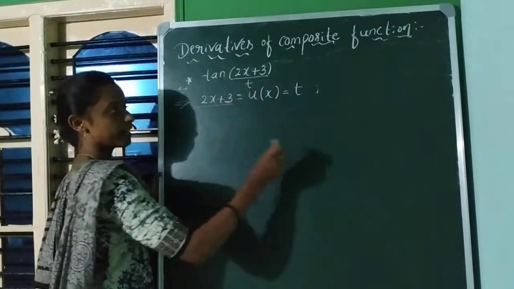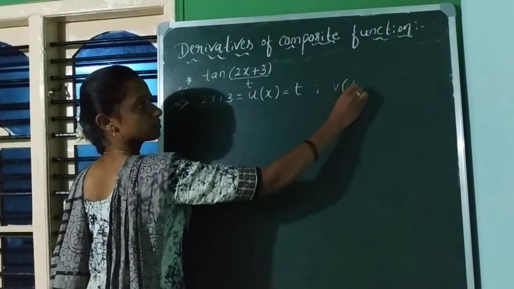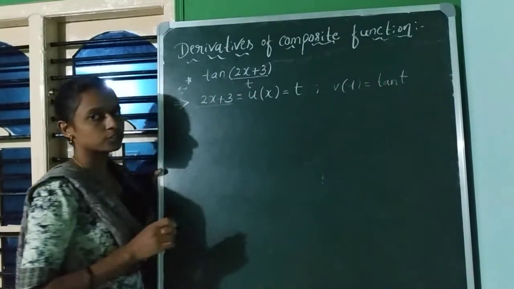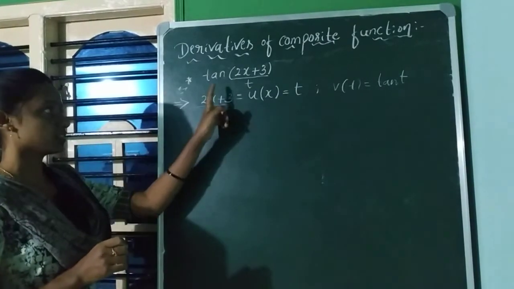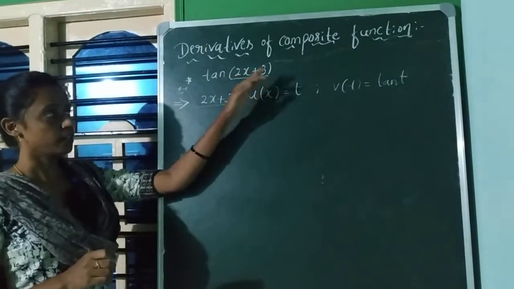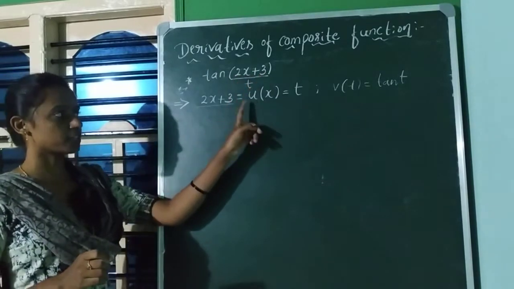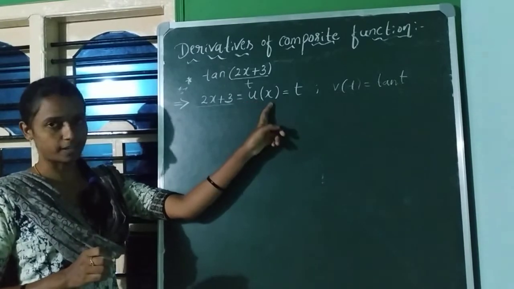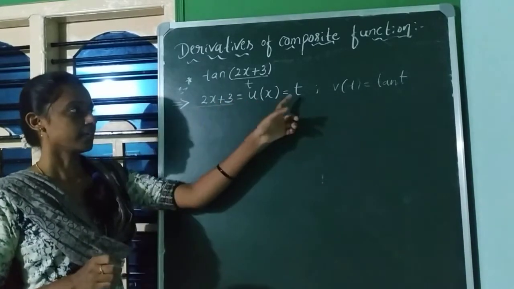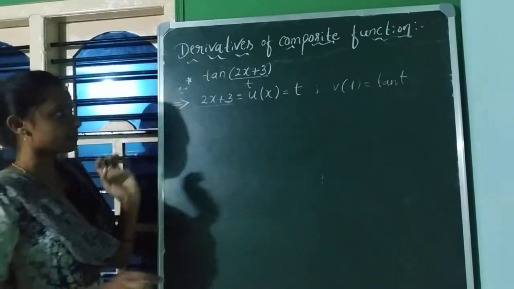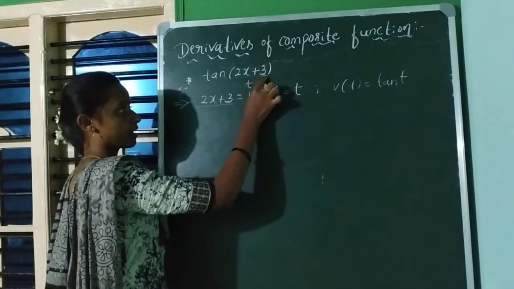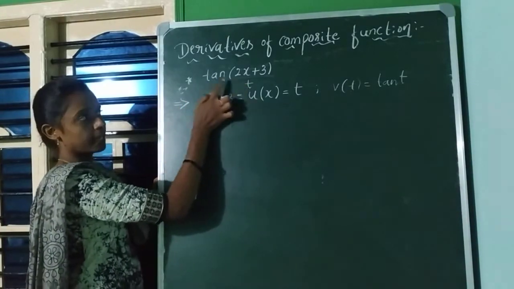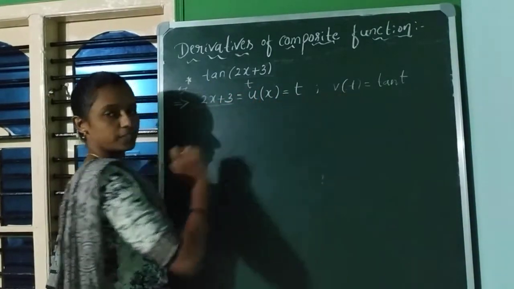Therefore I take this as the v function, with variable t, hence this is tan t. Hope you understood this. Here there are two functions, tan and 2x plus 3. This algebraic function I take as u, with variable x, so u of x is 2x plus 3, and this whole algebraic function is t now. What remains is tan t, which I take as v of t.